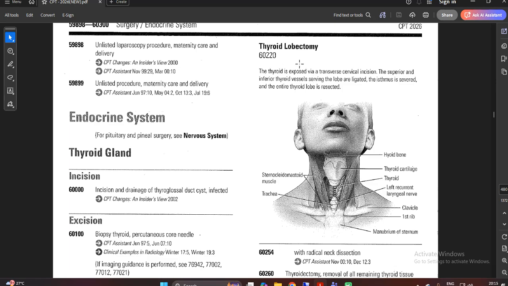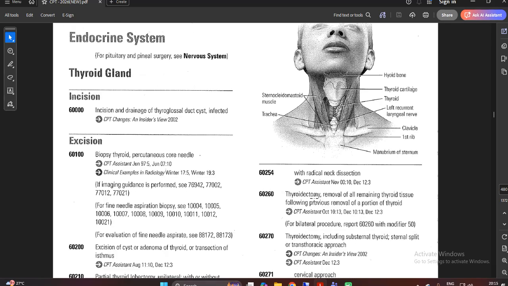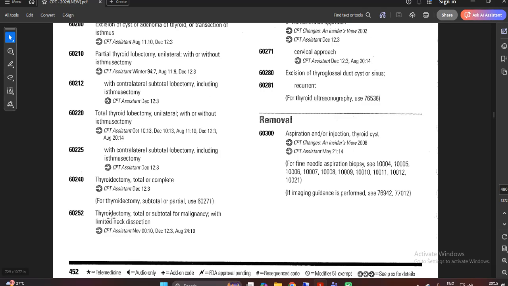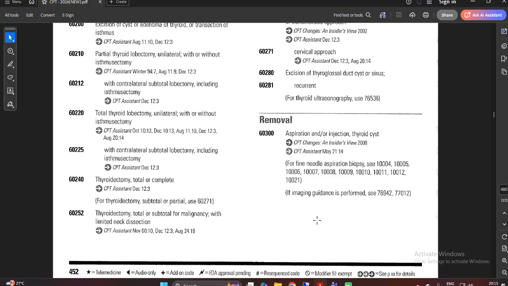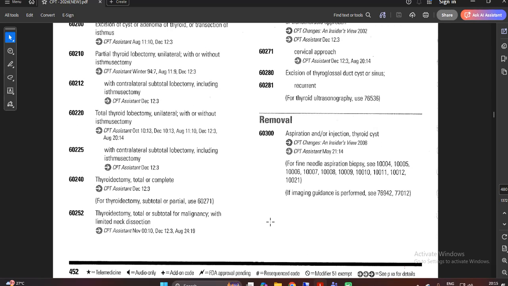So this is the thyroid lobectomy, means only one side excision of the thyroid gland. Okay. 60250. Sorry, 254. So this is 252. This 254 is also for malignancy. But in 252, limited neck dissection. 254, radical neck dissection. So what is the difference between these two, guys?